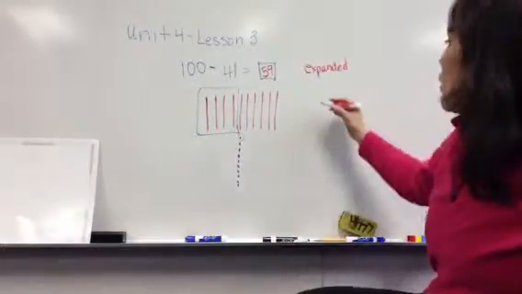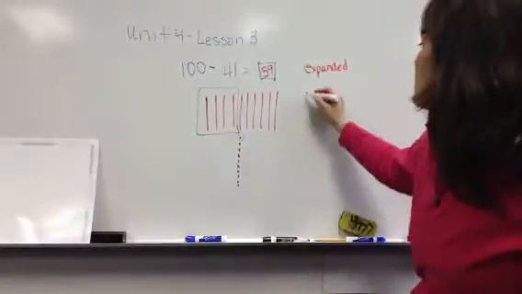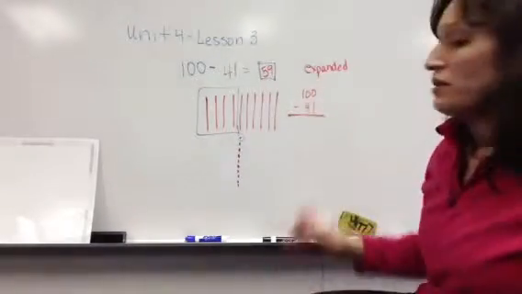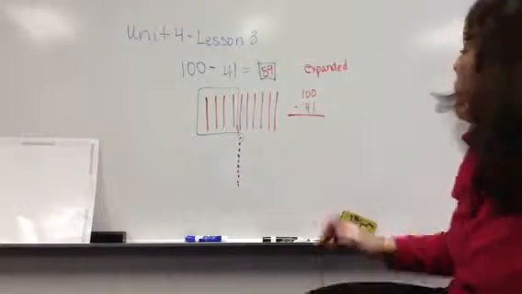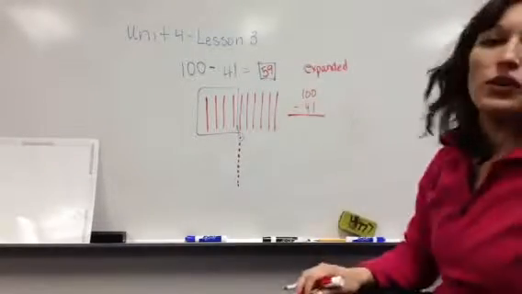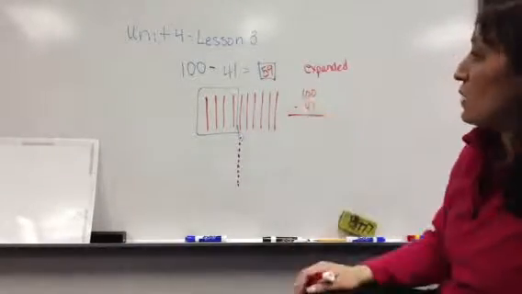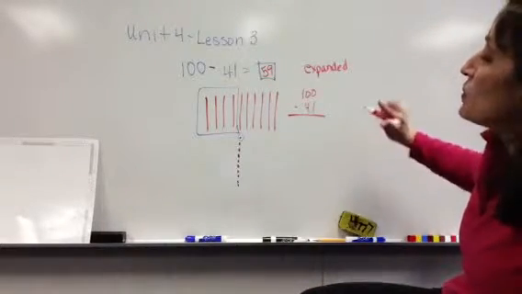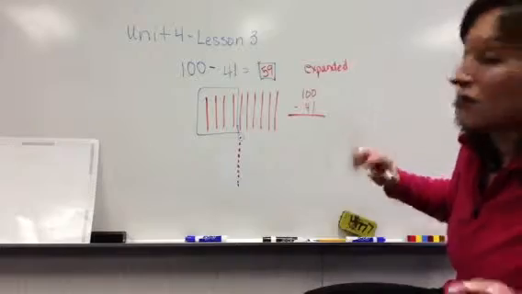So we could show that our first problem was 100 take away 41, right? That's what it was. Now we can think about how we can make 100. We can make 100 by breaking it into different groups of tens, okay?